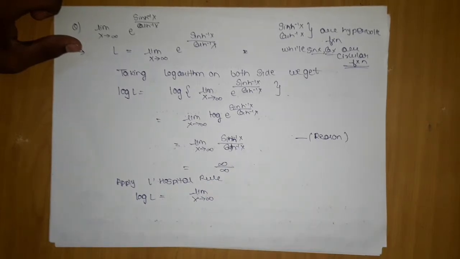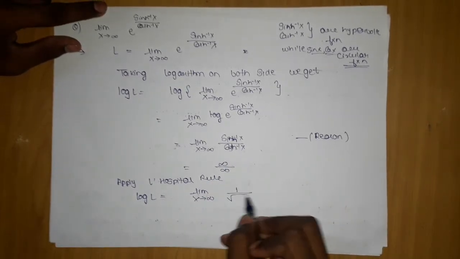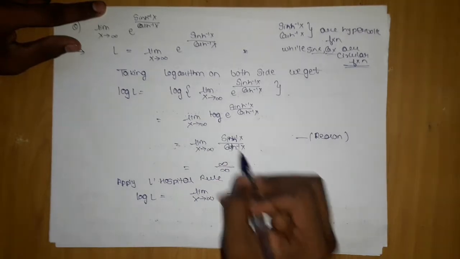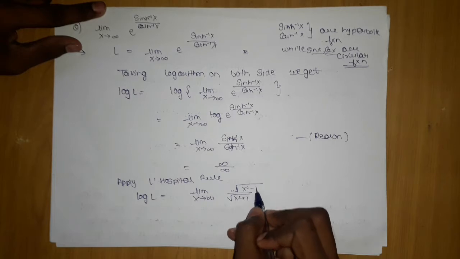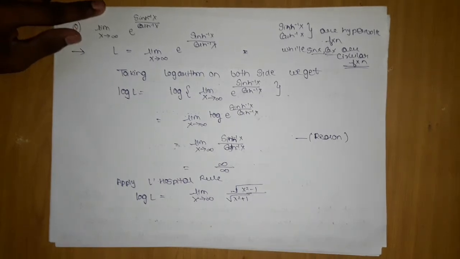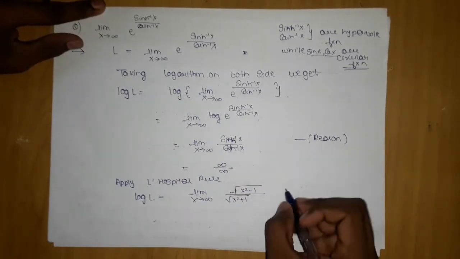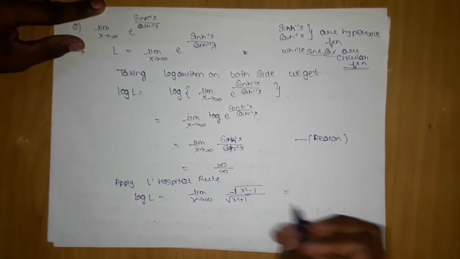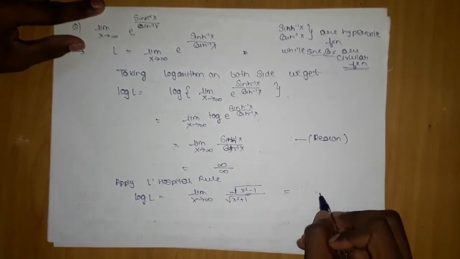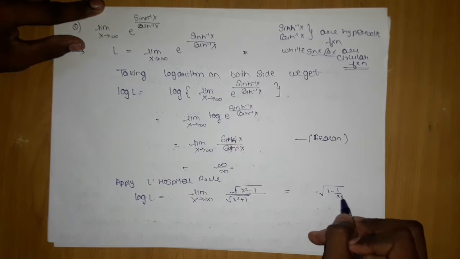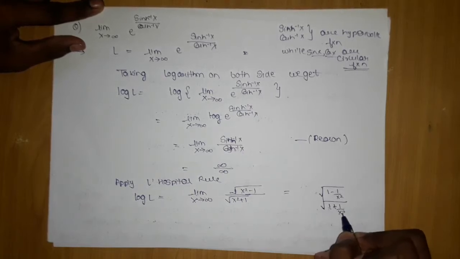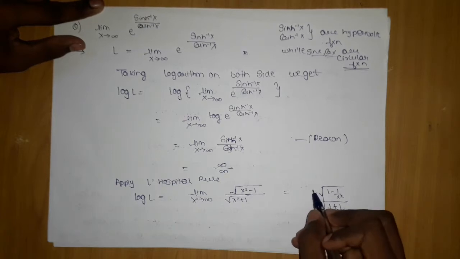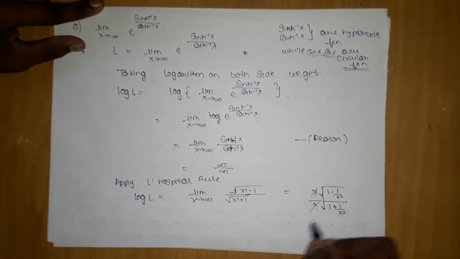We know to solve these two, which have a standard process: under root x square plus 1, its differentiation, and cos h x differentiation will be x square minus 1, and this x square minus 1 will shift to the numerator. Now we will take x outside, which gives me 1 by x square, and here 1 plus 1 by x square. If I substitute here, x and x will cancel out.